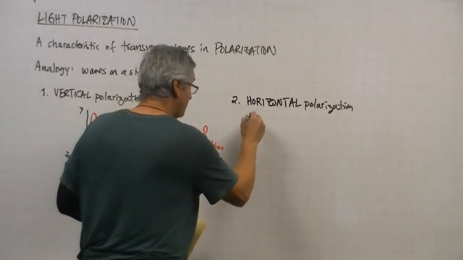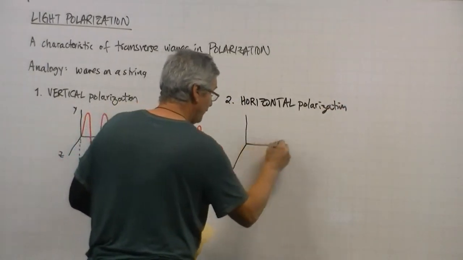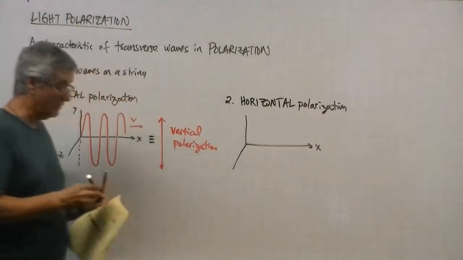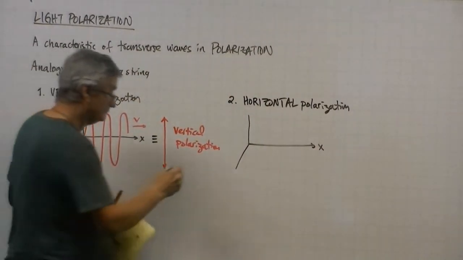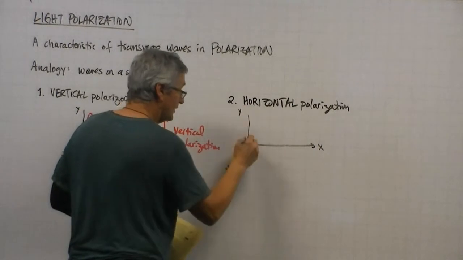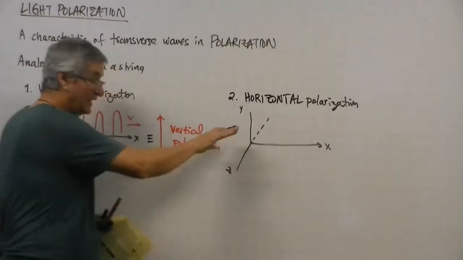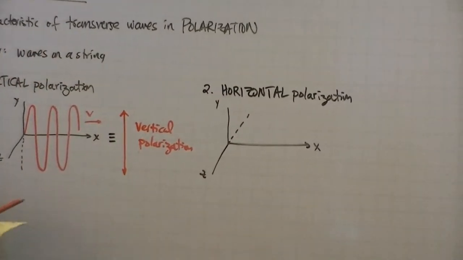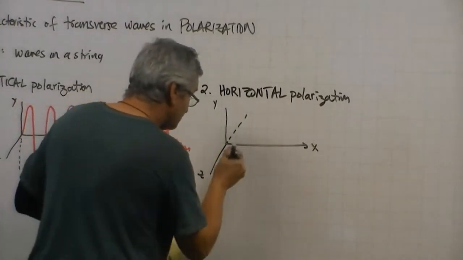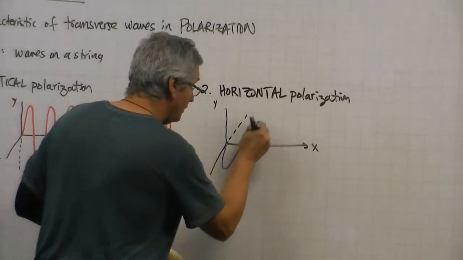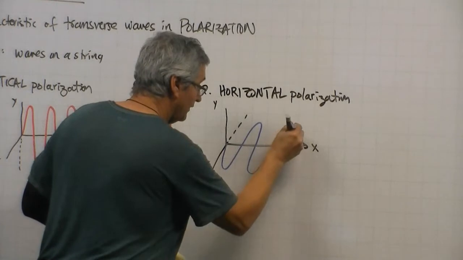And if I draw my axis again as before, where the wave is traveling along the x direction, so the z plane is where that wave is oscillating. So if I look at that wave, this wave is only along the z plane here.